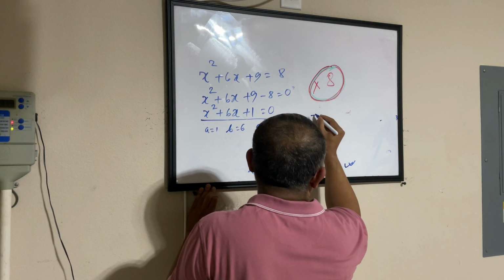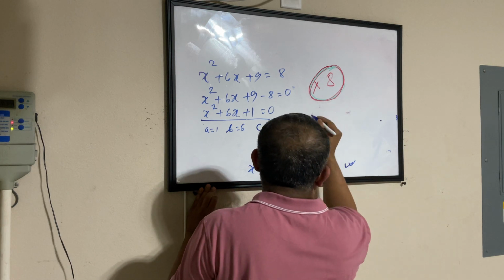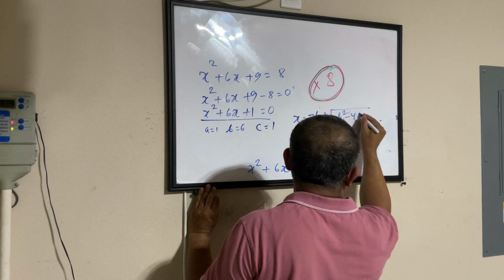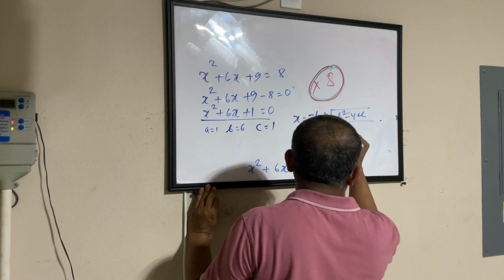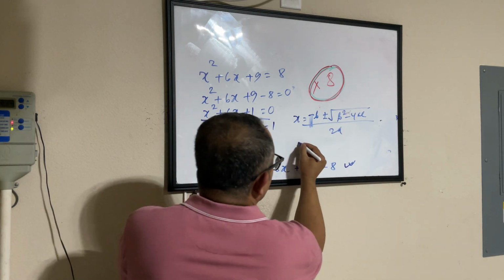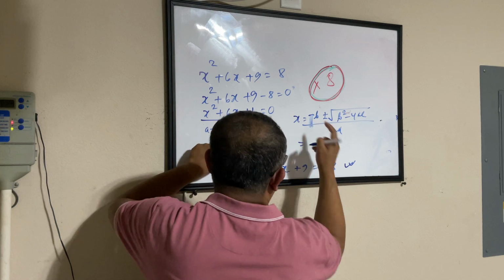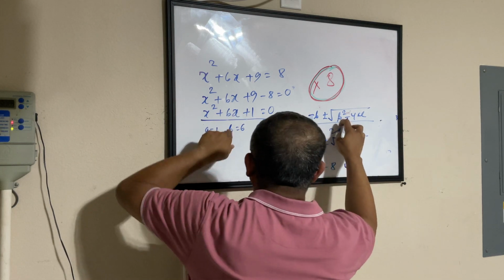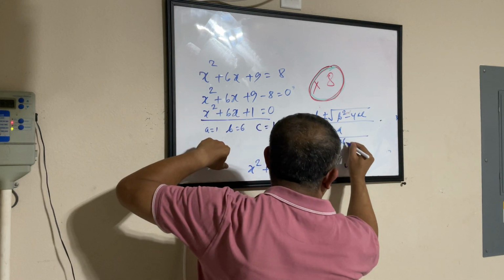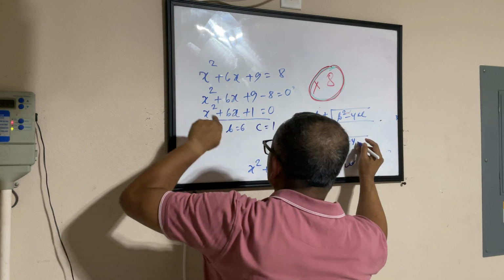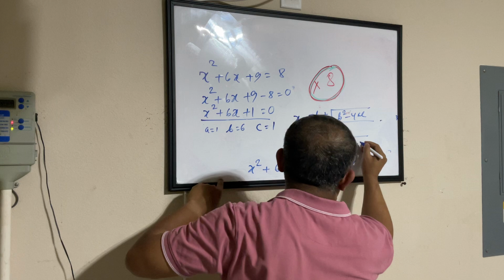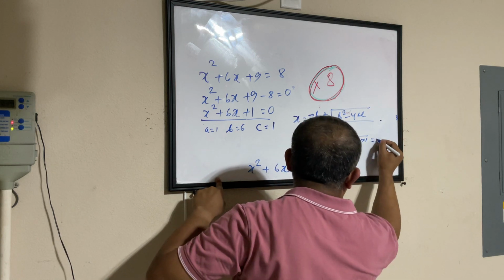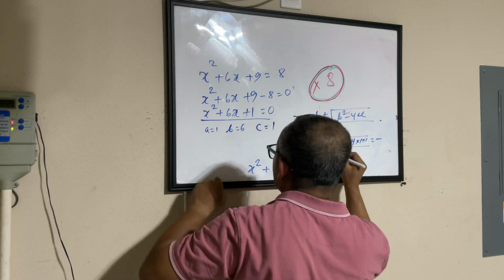As per the formula, it says x equals minus b plus minus square root of b squared minus 4ac, all divided by 2a. So substitute the values here: minus b is minus 6, plus minus square root of 6 squared, 36, minus 4 into 1 into 1, all divided by 2a, and 2 into a is 2.